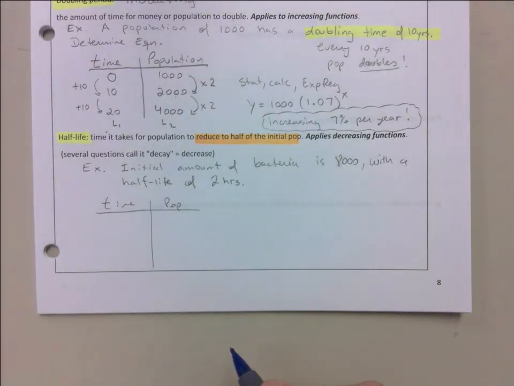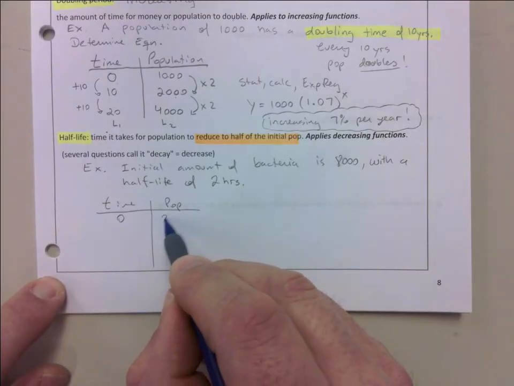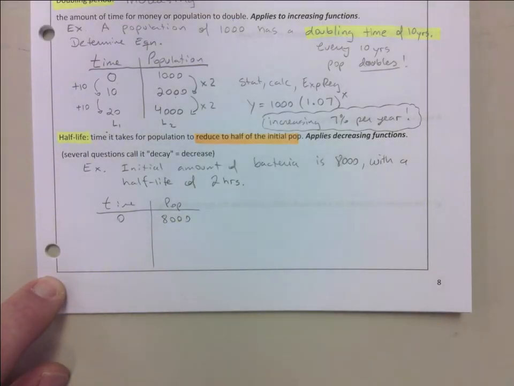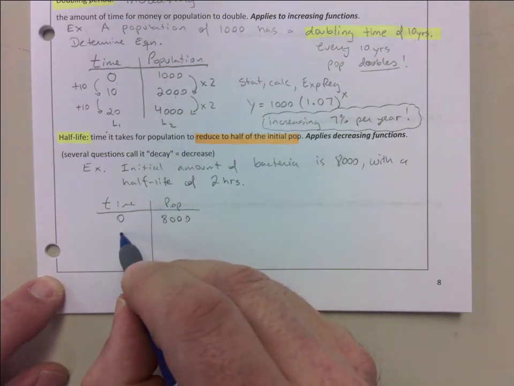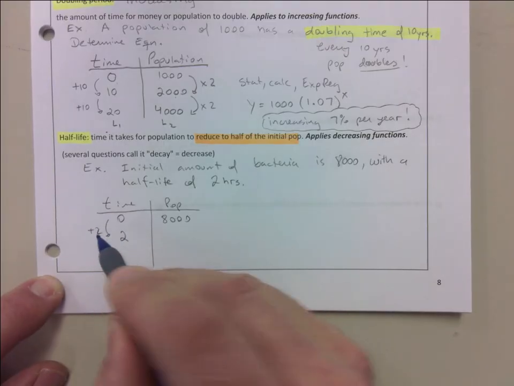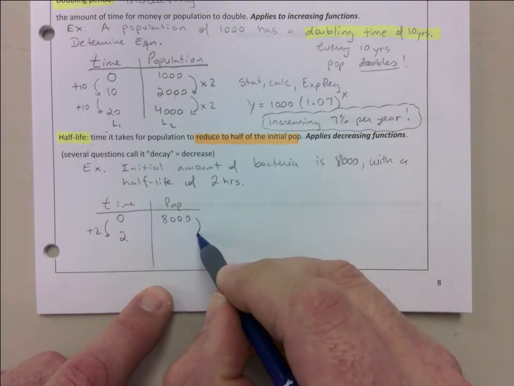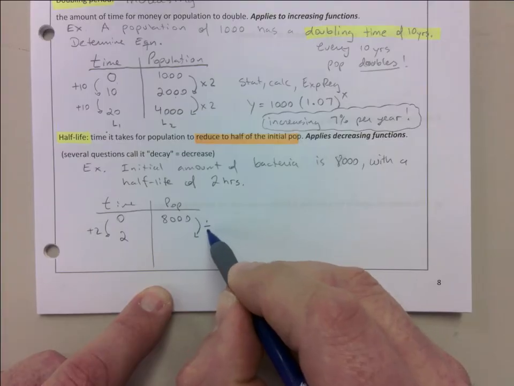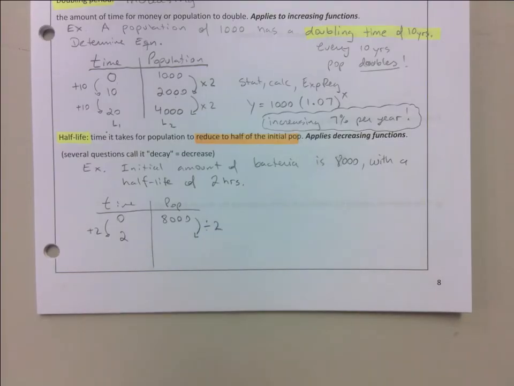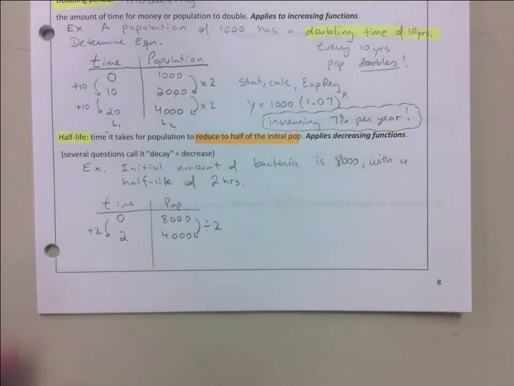So at the very beginning, at time 0, we have 8,000 bacteria present. 2 hours go by, right? You got to go plus 2 basically. What happens to my population? You half it. Half-life. Half. So it's 4,000.